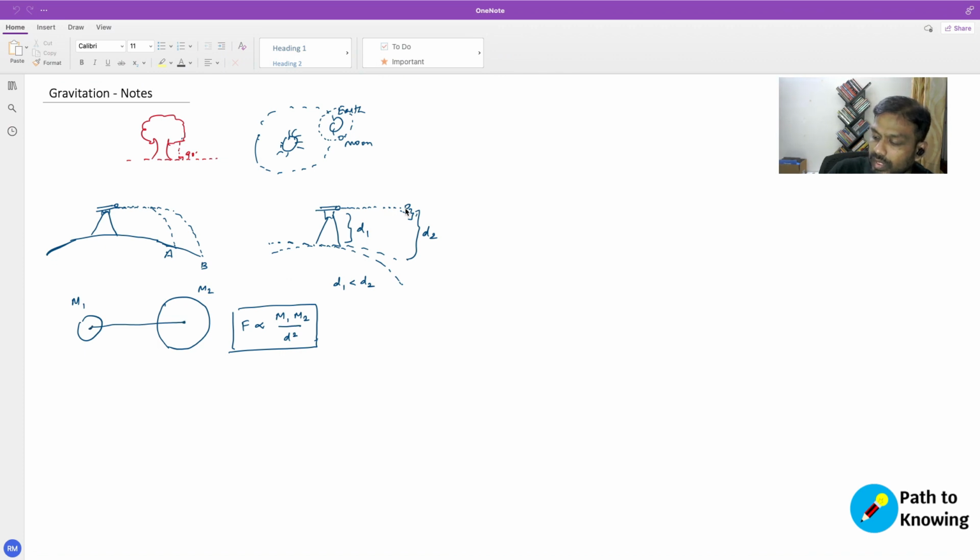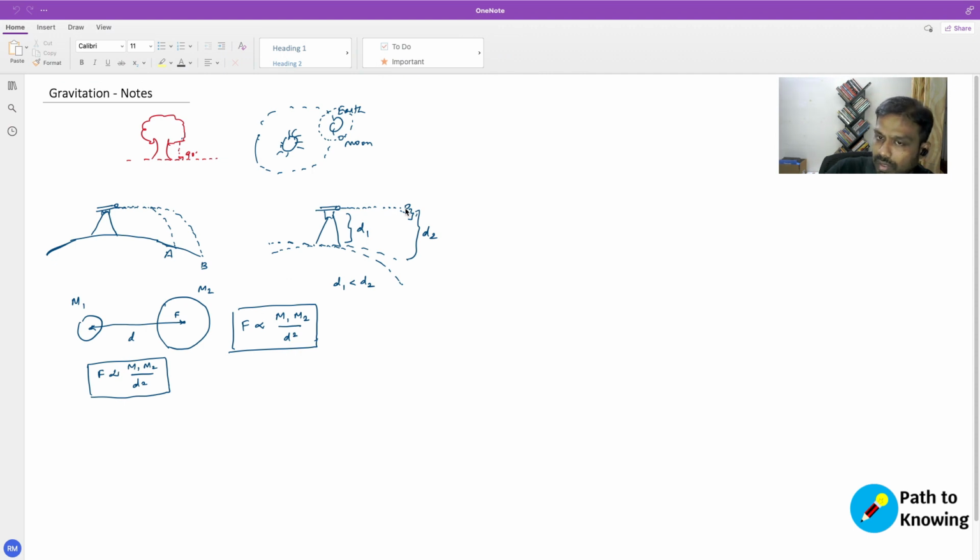If this distance is going to be D, the force is going to act between both of them. That force, if we call it force F, so force F is directly proportional to M1 M2 divided by D square. So this is the relation that he proposed.